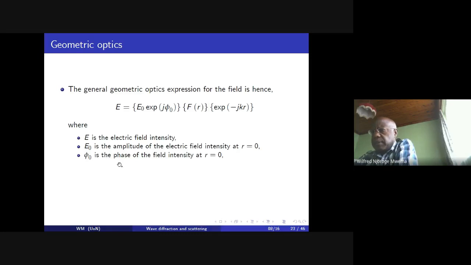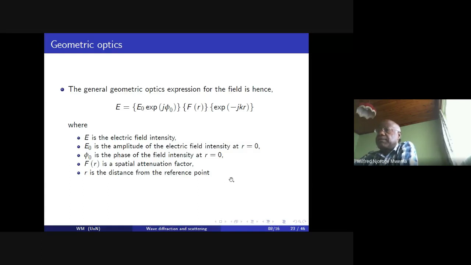Phi naught is the phase of the field intensity at the reference point, not necessarily r equal to 0, and F of r is a spatial attenuation factor. So r will be the distance from the reference point.